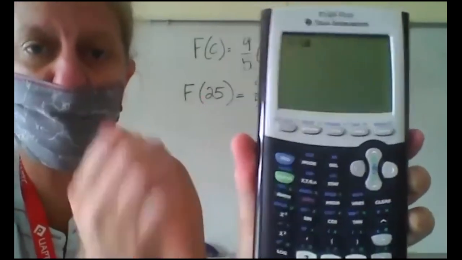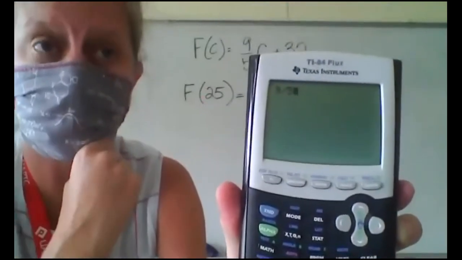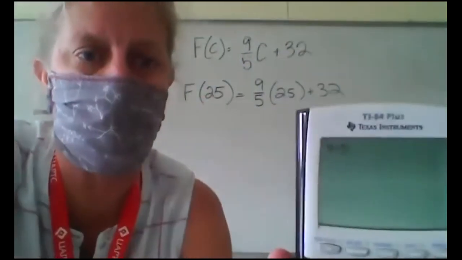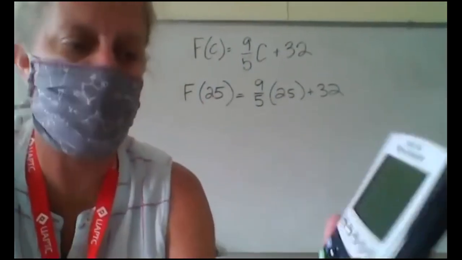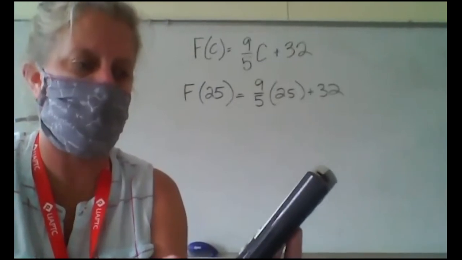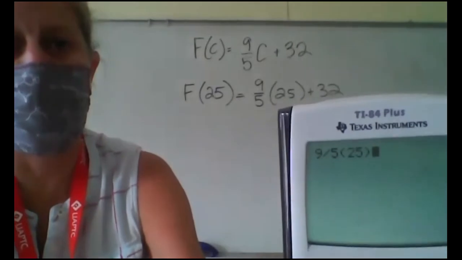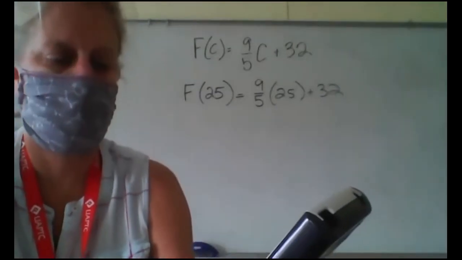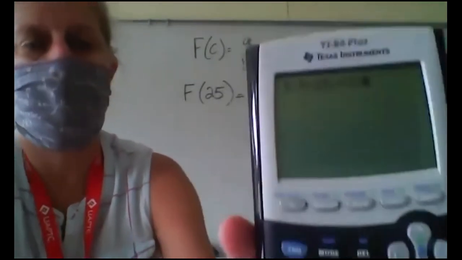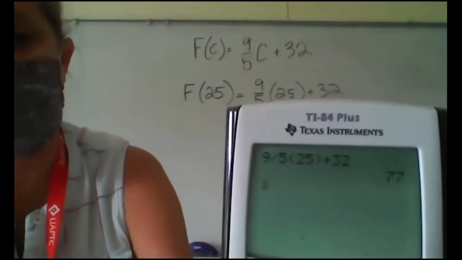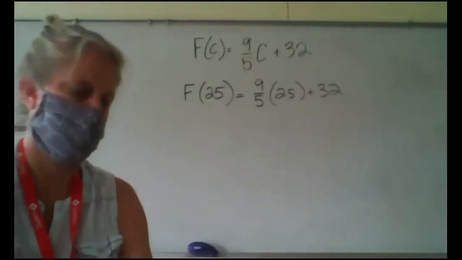Now, if I do open parentheses, close parentheses, it's going to do the multiplication for me. So what do I need to put in the parentheses? So I have 9/5 times 25. So open 25, close, and then plus 32. Plus 32, and hit enter to see that that would be 77 degrees Fahrenheit.